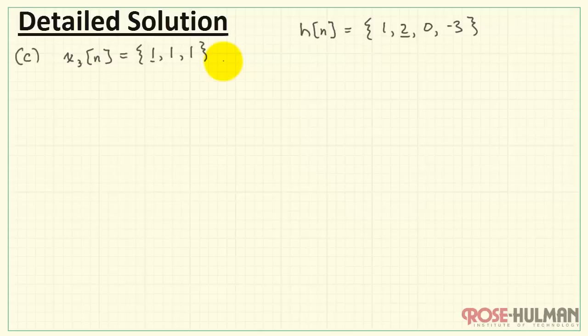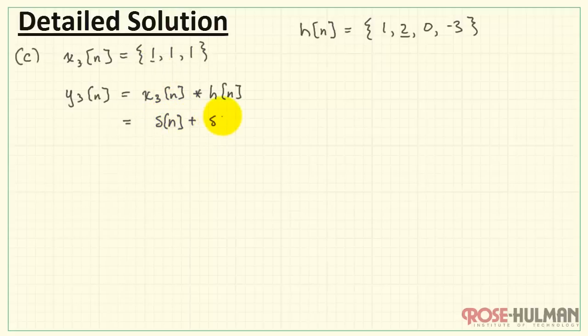In part C, we have x3 as a list of 3 values. So as before, it would be x3 convolved with h. x3 can be expanded as delta of n with a value of 1 for the multiplier, plus delta of n minus 1 with value 1, plus delta of n minus 2.